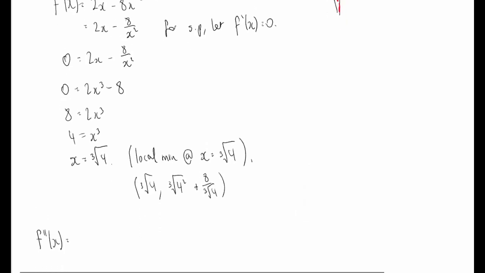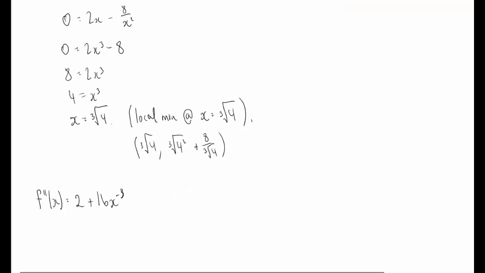And in this case, it's going to be 2 plus 16x to the negative 3. So we can also use that to tell us the nature of our stationary point: 2 plus 16 on x cubed.